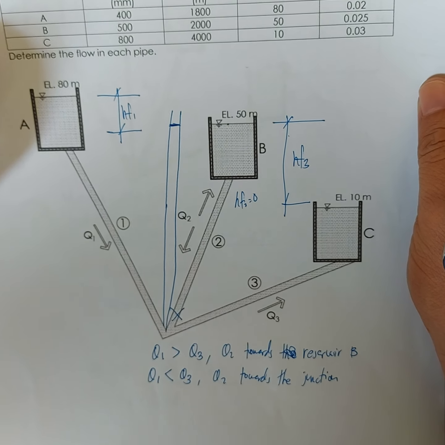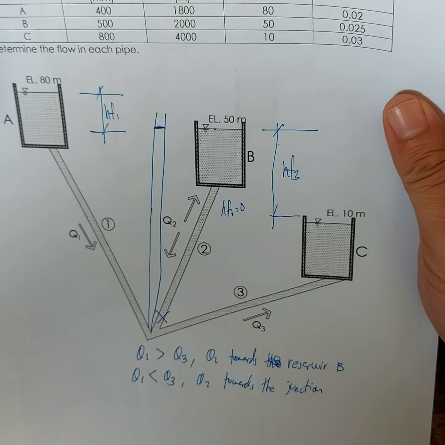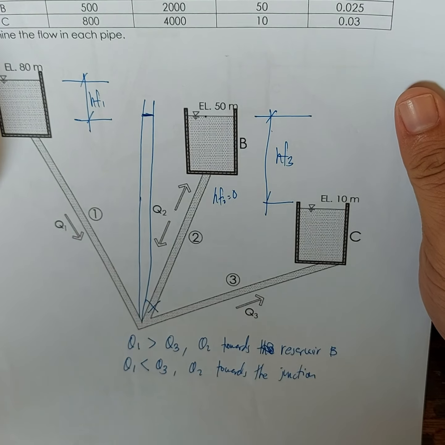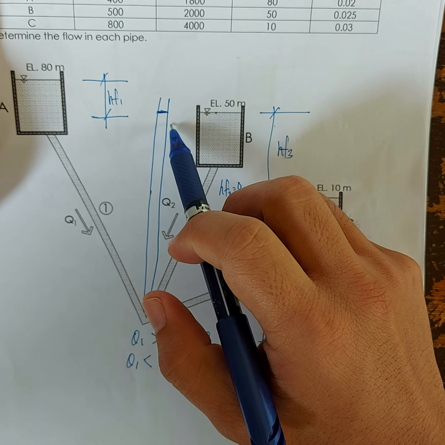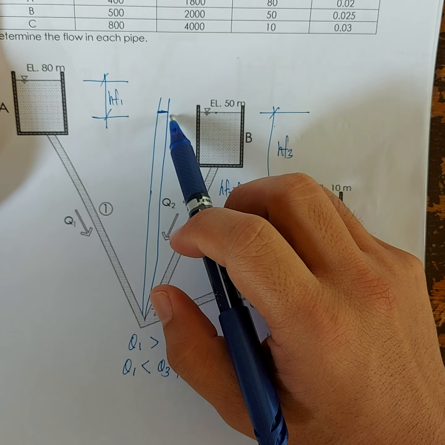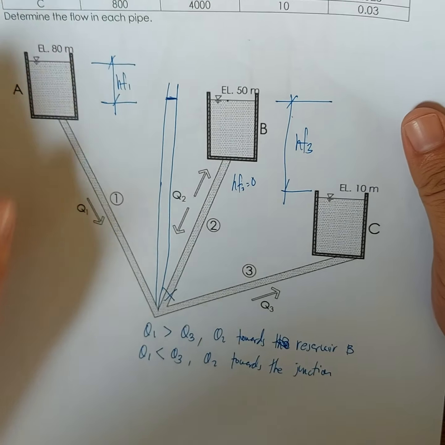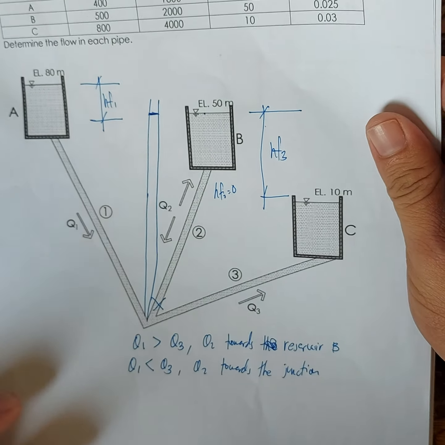So we cannot solve, walang head loss sa pipe 2 kasi since wala naman nag-flow na tubig. So that means that the piezometric reading, yung elevation ng piezometric reading ay parehas lang dun sa elevation ng middle reservoir. In this case, we have reservoir B.